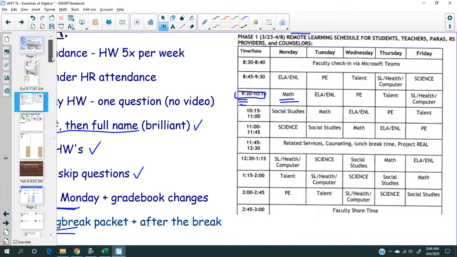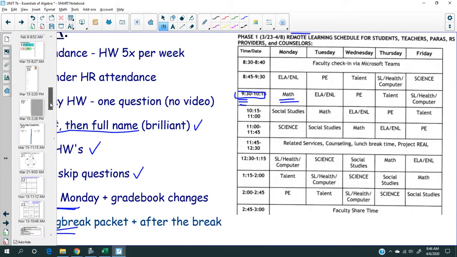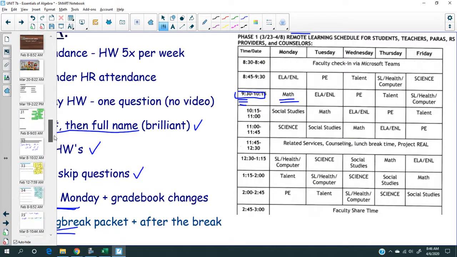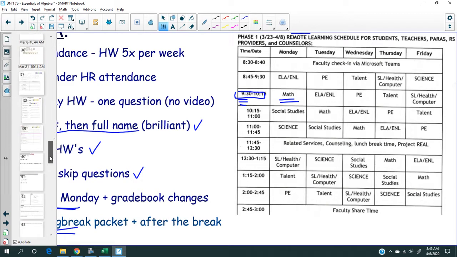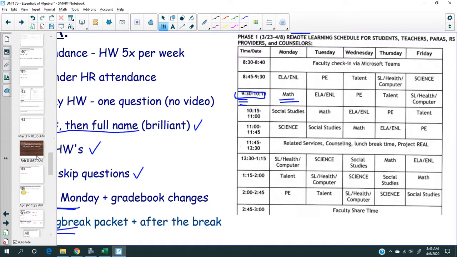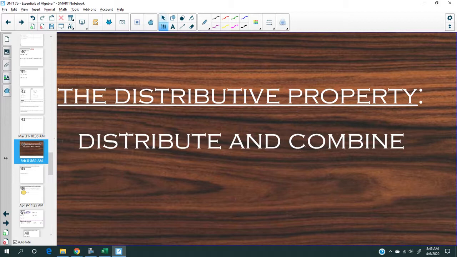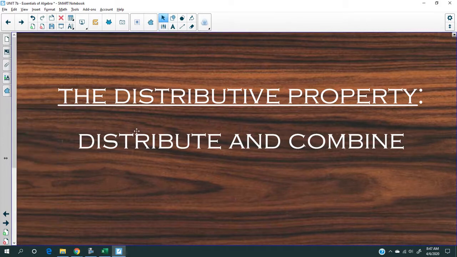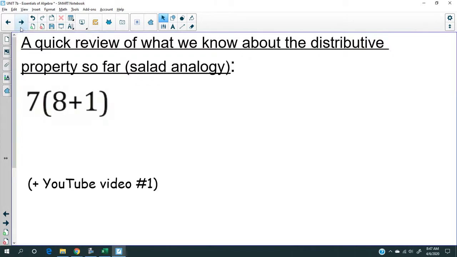So this is our lesson for today. Here's what we've done so far. We only started last Friday, right? Last Friday we started the distributive property before you took the quiz. Afterwards, I gave you the salad analogy, when you distribute, and you saw a YouTube video, maybe about 5 minutes.